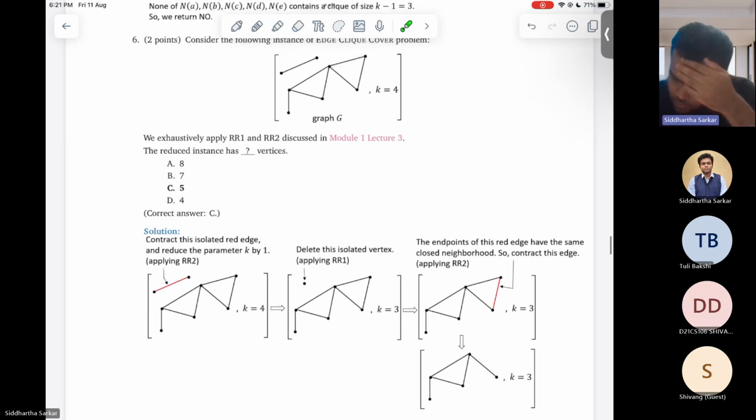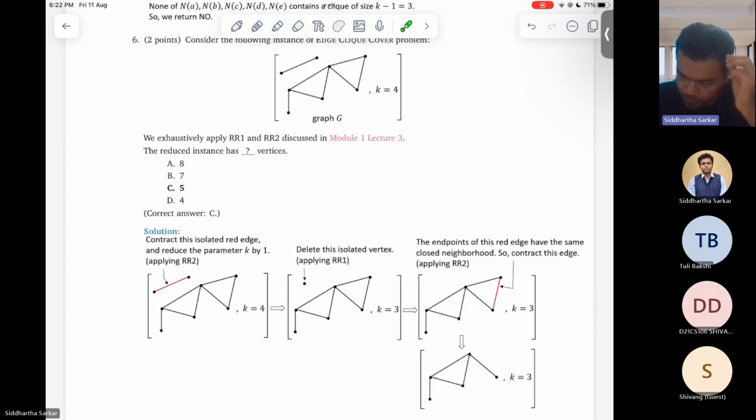In the edge clique cover, what is it? Oh, you contract. So let's look at rule 2 more carefully. What was rule 2? In edge clique cover, applying RR2, it says that if G contains an edge UV such that the neighborhood of U is equal to the neighborhood of V, then you contract UV and decrease k by 1.